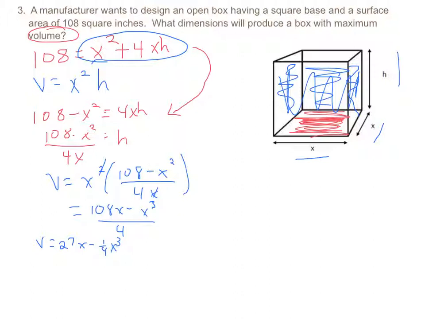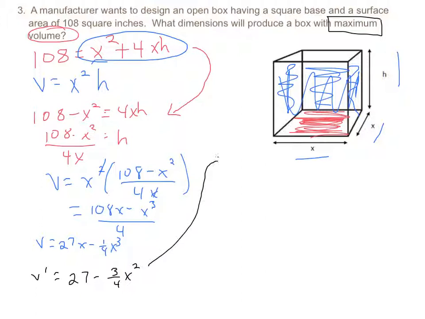So let's go ahead and take that derivative because we want to maximize our volume. So V prime is going to be 27 minus 3/4 x squared. We want to find the critical numbers, so we're going to set this equal to 0. It won't be undefined anywhere, so we can just set this equal to 0.